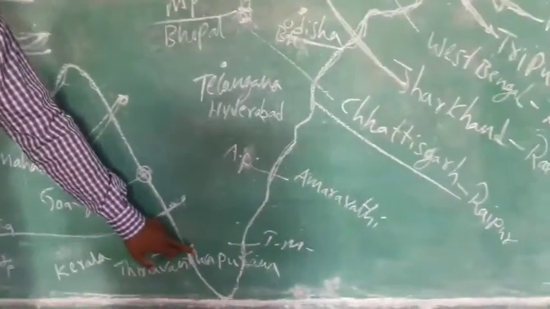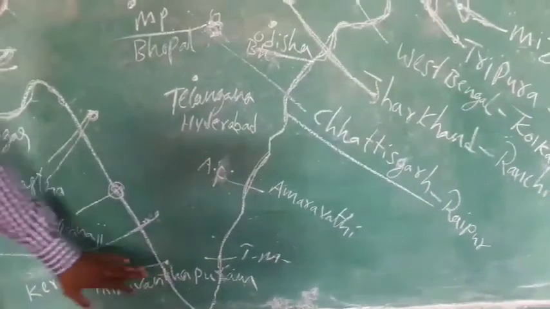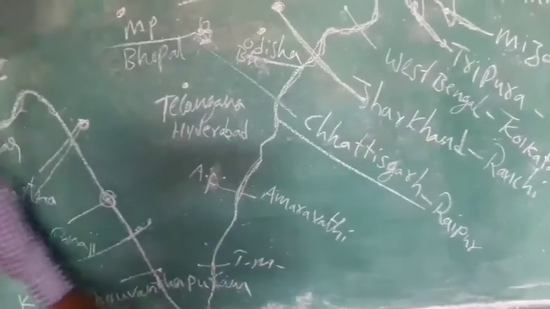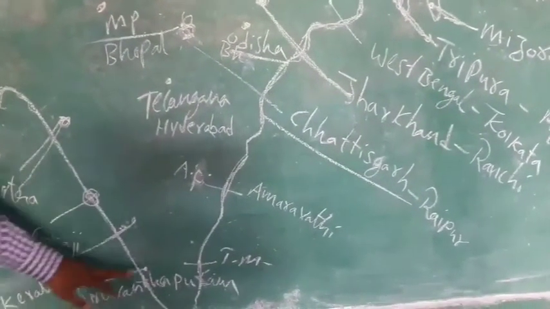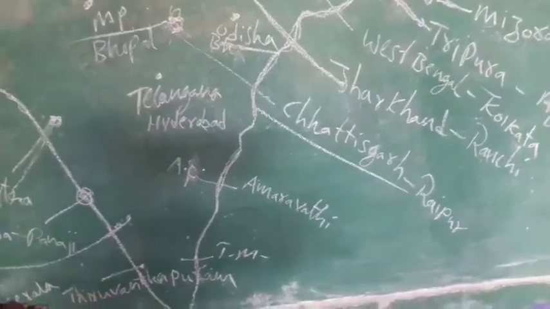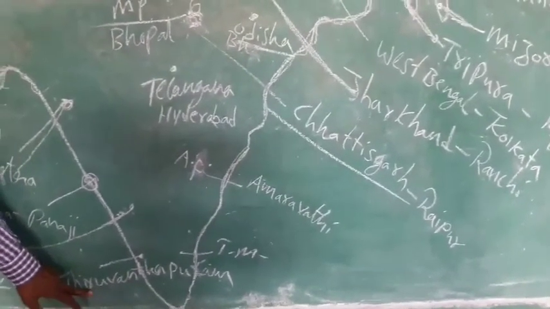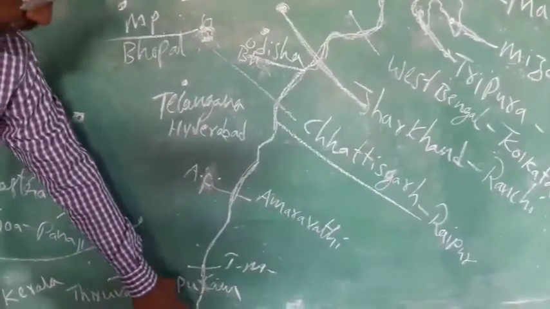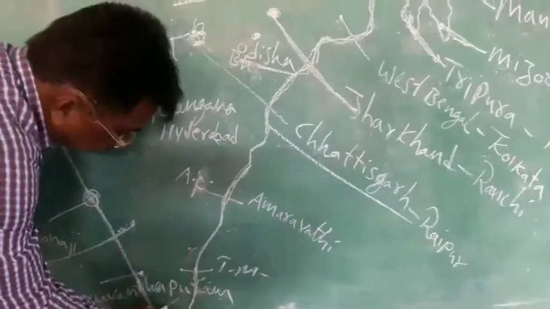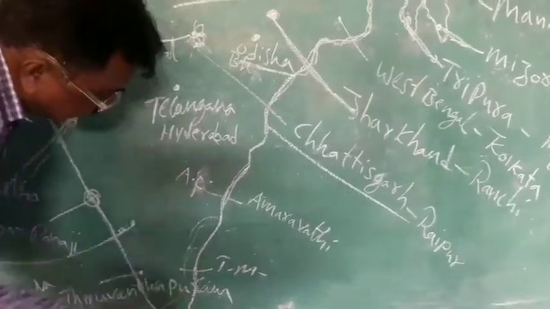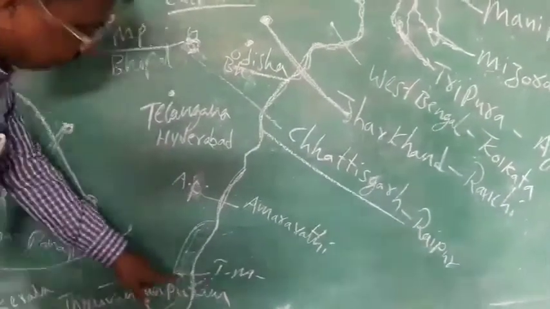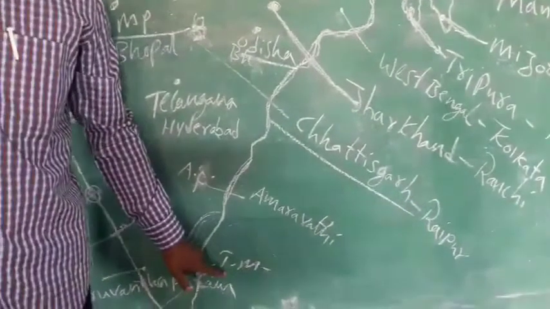And here we are having Kerala. Kerala capital is Thiruvananthapuram. And if you come this side down, at the foot, this is Tamil Nadu. Tamil Nadu capital Chennai.